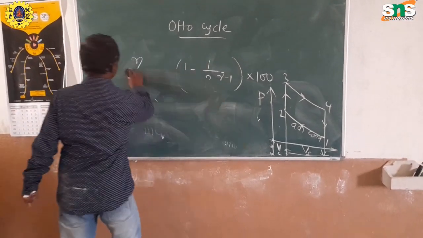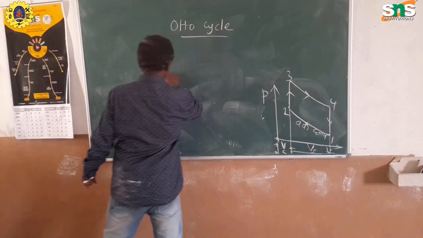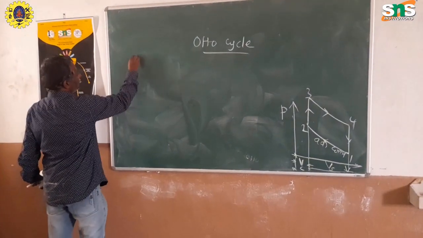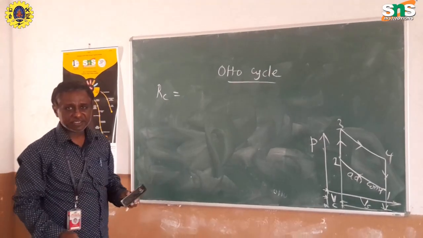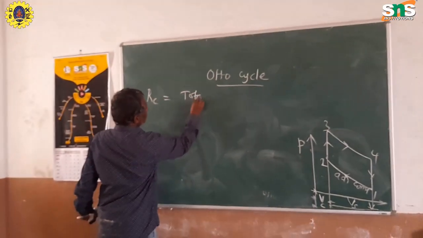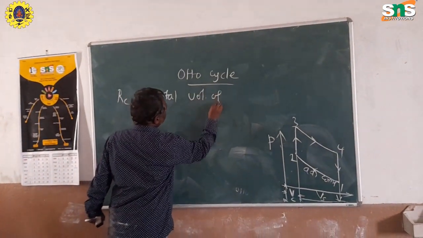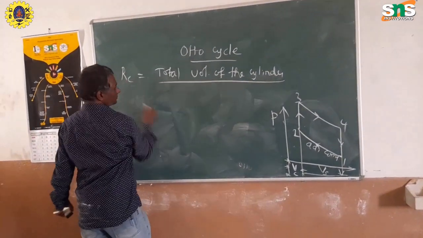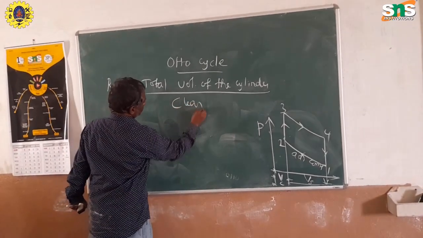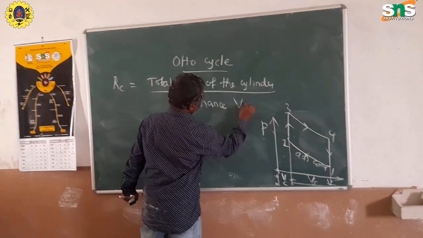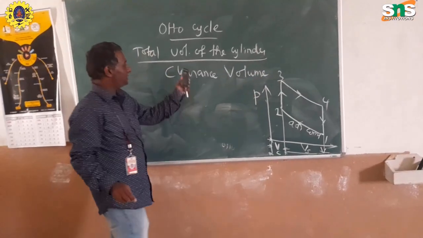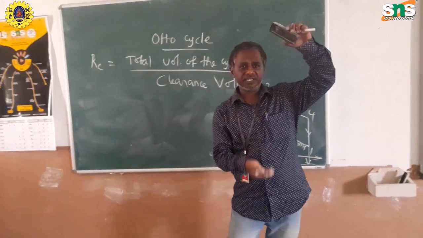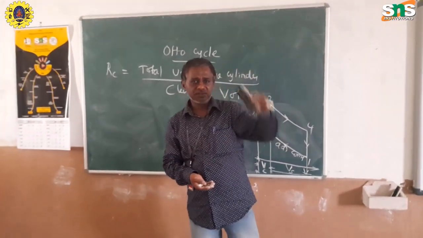I have given a PV diagram here. Compression ratio can generally be defined as the total volume of the cylinder to the clearance volume.